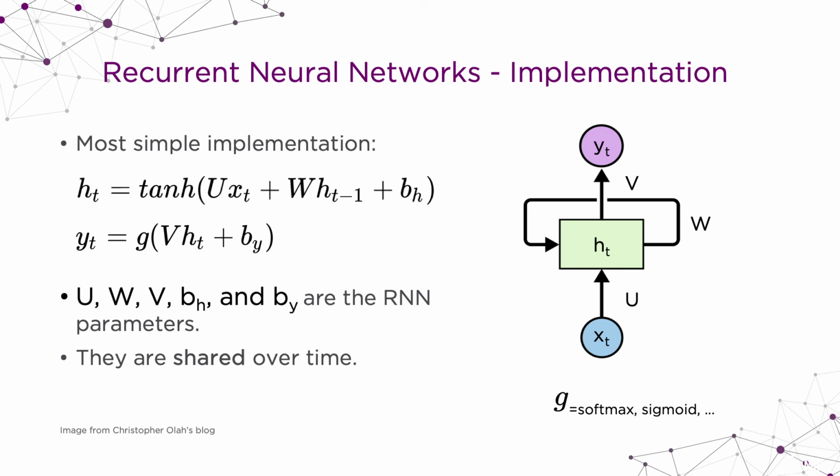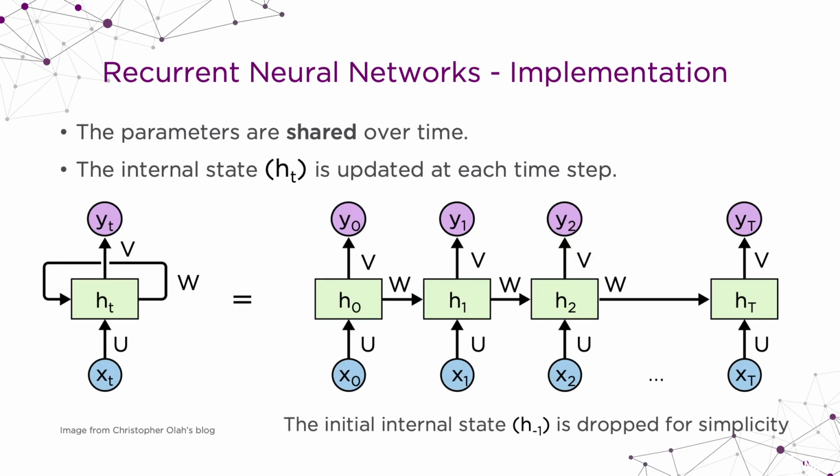So at this point we have introduced these parameters in these two equations: U, W, V, and the two biases. And one very interesting point that we need to remember, and that will influence the way we train this architecture, is that these parameters are shared over time. Maybe it's not clear from this image, but it will be more clear if we unfold the RNN.